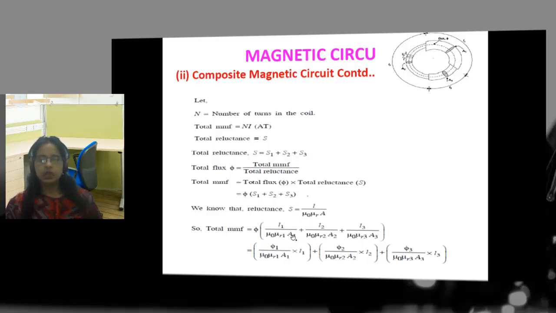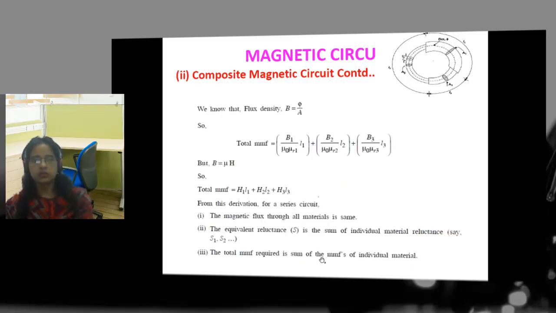So L1 for the first cross section, see the diagram, you will come to know. A1 is the area of the first material, L2 the length and A2 for the second material, L3 is the length and A3 the cross sectional area for the third material. So like this, the total mmf is obtained.